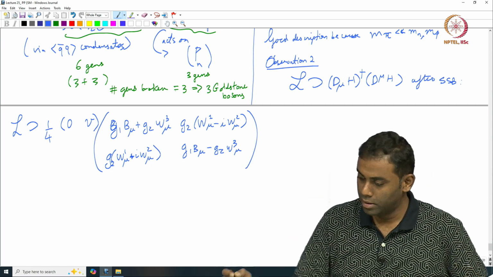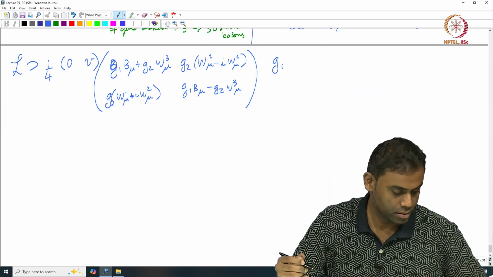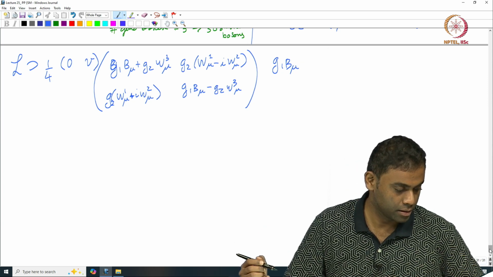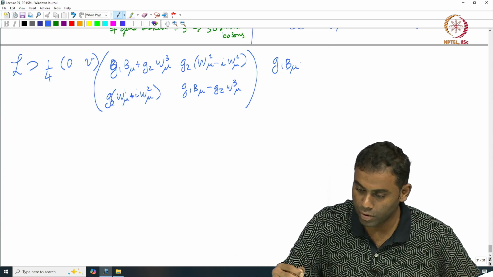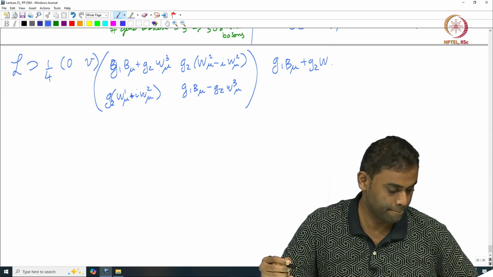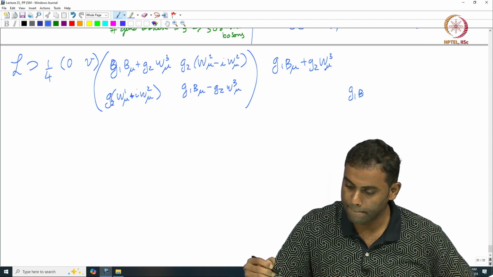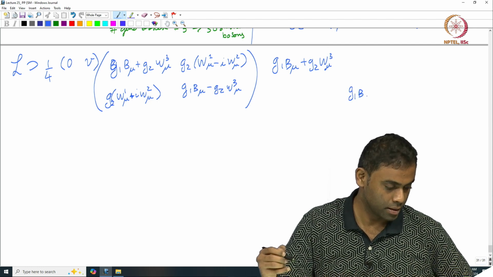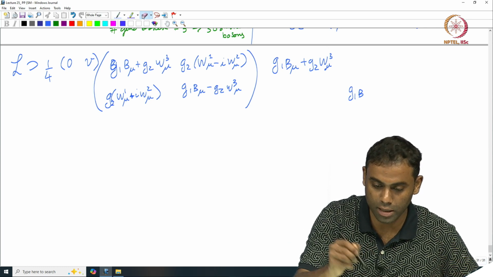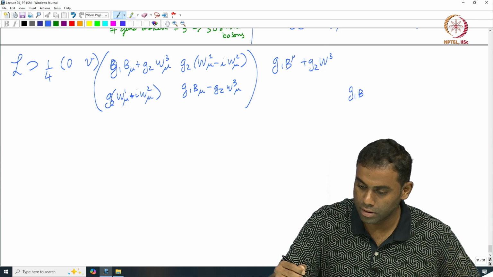Now that's not all. There are more terms. So I'll write this and then look to wrap up the lecture. It's worth writing all this. And of course I need to make sure that the Lorentz indices are contracted. So I'm going to put the indices upstairs.